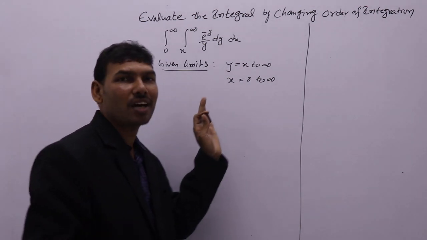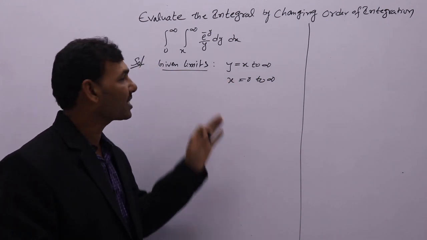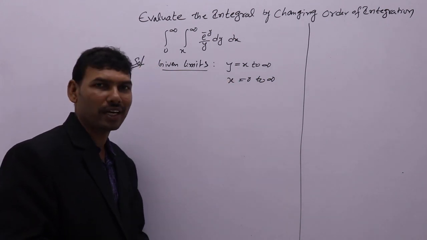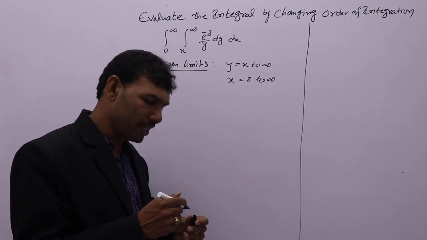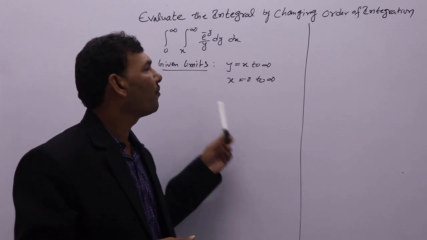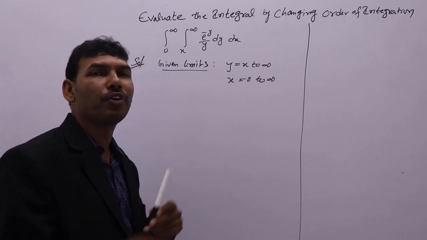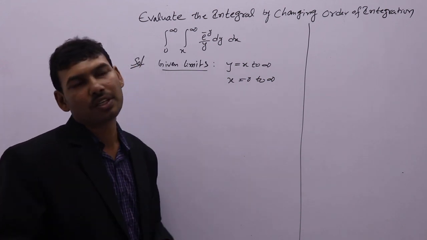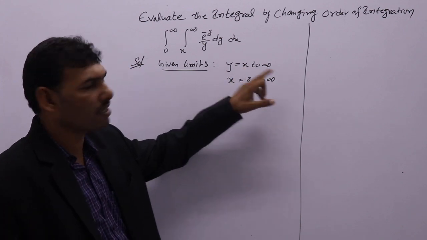Whenever y limits are in terms of x, first integrate with respect to y, next integrate with respect to x. Which variable has variable limits? With respect to that variable we need to integrate first. Which variable has constant limits? With respect to that variable we integrate last. So here y has variable limits, that means y has limits in terms of x.